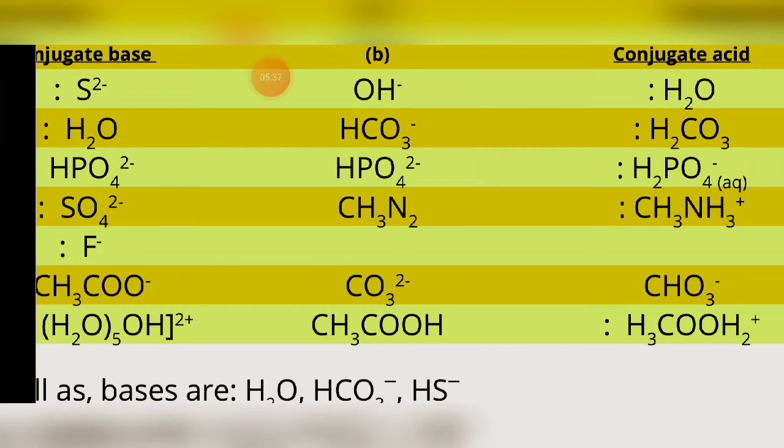Similarly, carbonate ions, after accepting one hydrogen, will convert into hydrogen carbonate ions, and acetic acid, after accepting one hydrogen more, will convert into CH3COOH2 positive conjugate acid, which is also unstable.